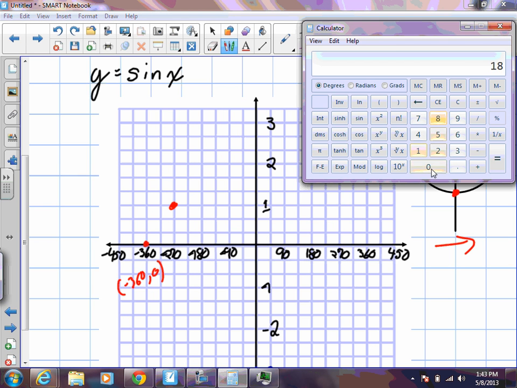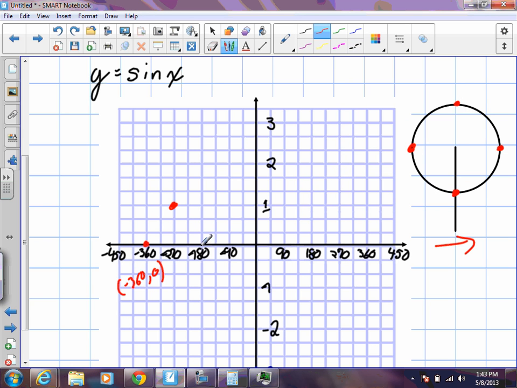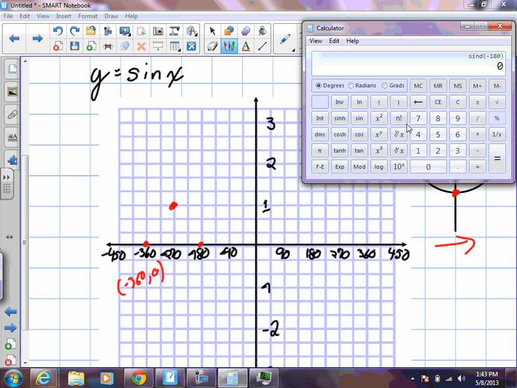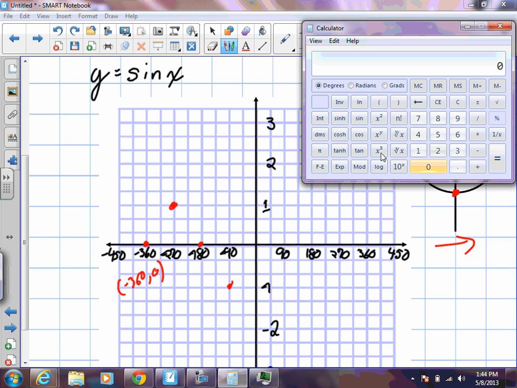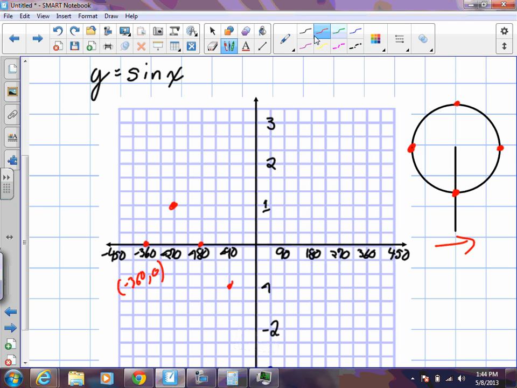When it's negative 180, put in the sine, we get 0 again. Pattern's coming down. Let's try negative 90. When 90 is negative, we get negative 1. Okay? And then 0, so sine 0 is 0.